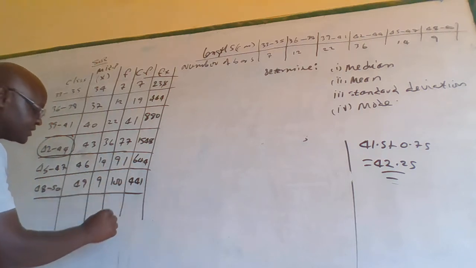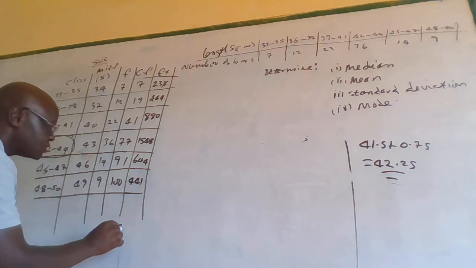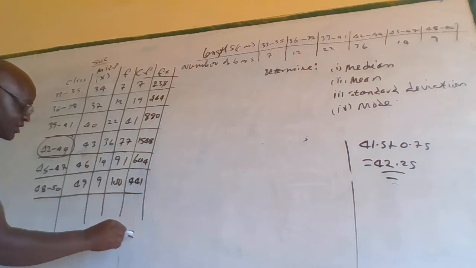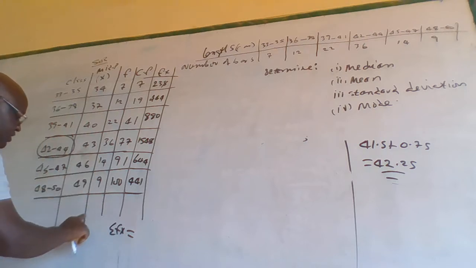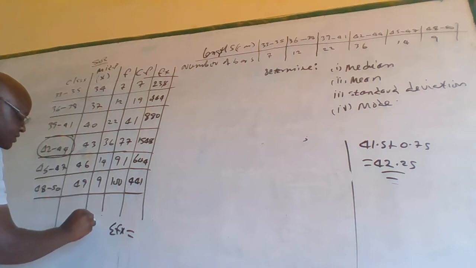Then of course we shall take summation. Now get the sum of this and record here, and also the sum of frequency. This is 100.